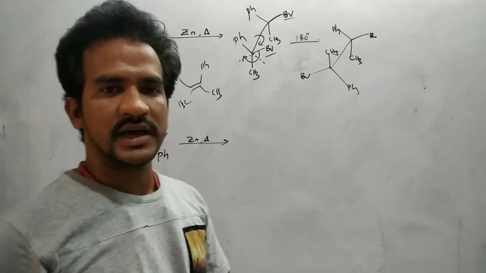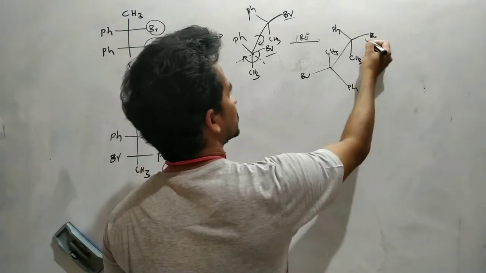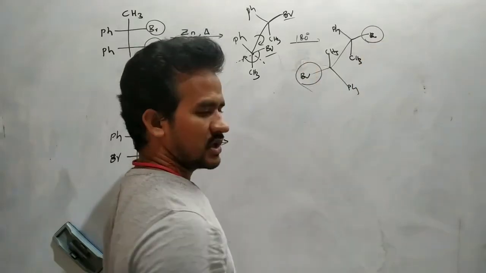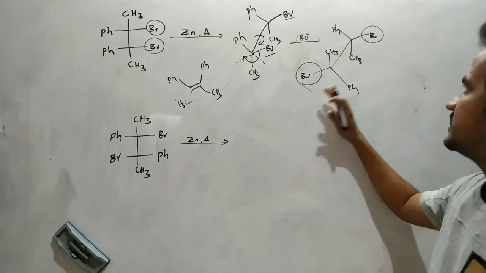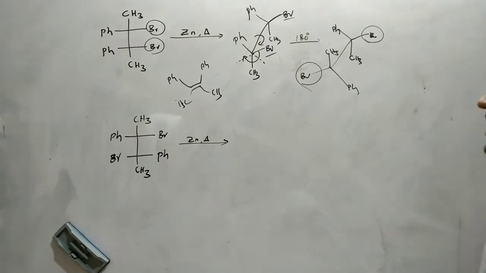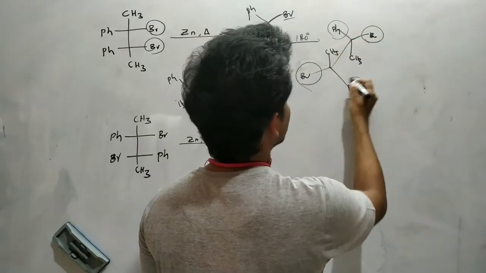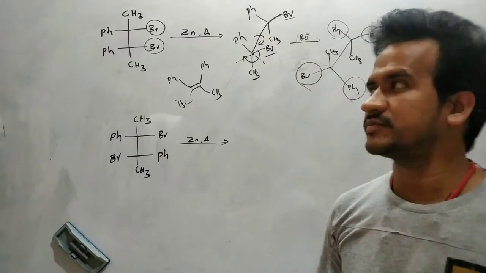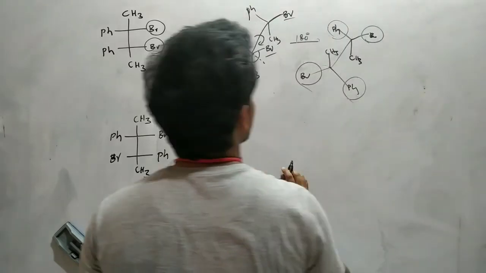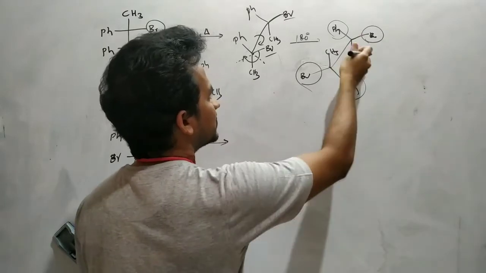Now here, these two bromines are exactly opposite. So in this case, anti-elimination takes place. Actually in this state, phenyl groups are trans to each other, methyl groups are trans to each other.